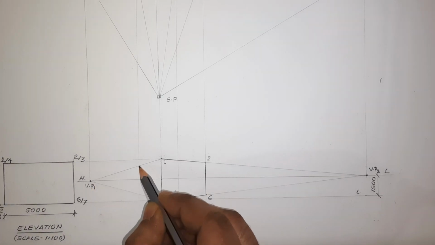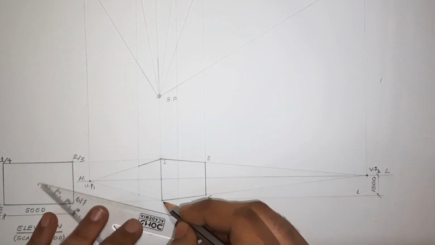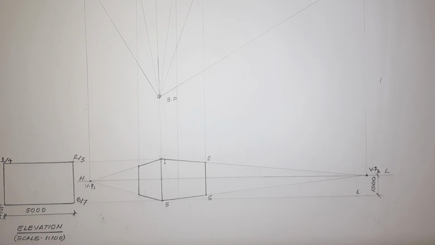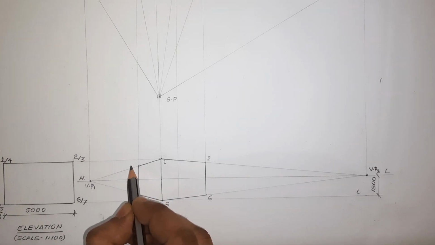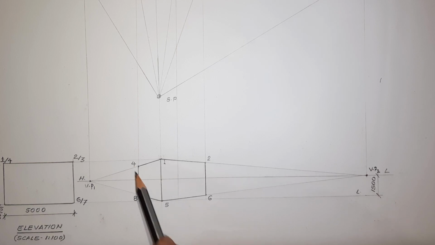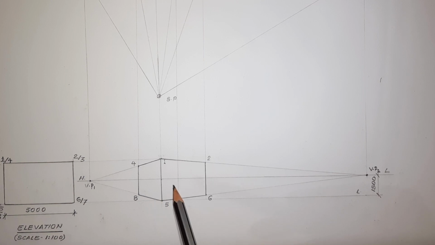These are the points of intersection. From this we can understand this is going to be point number 4 and this is going to be point number 8. Thus 1, 4, 8, 5 and 1, 2, 6, 5. These two faces will be visible to us in this perspective view.